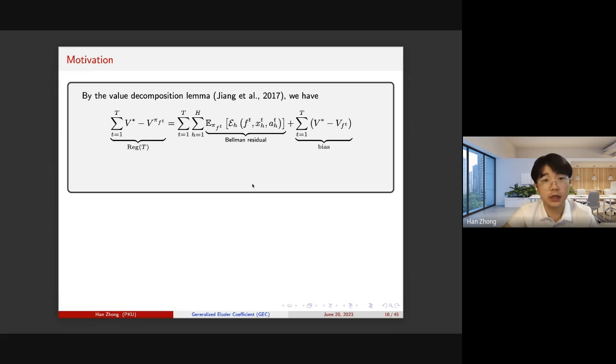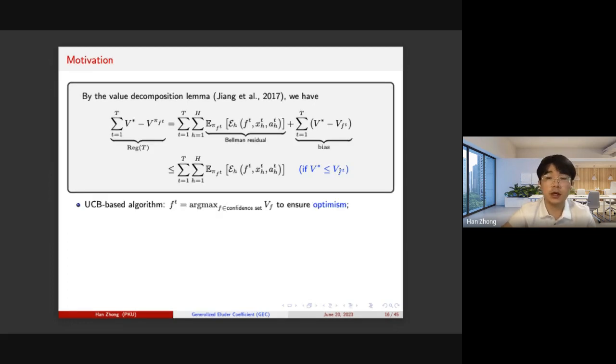By the value decomposition lemma, we can decompose the regret as these two terms. The first term is the Bellman residue term, and the second term we call the bias term. If we additionally have the optimism condition, which means V star is bounded by V_{F_t}, then we know the regret is controlled by the Bellman residue term.